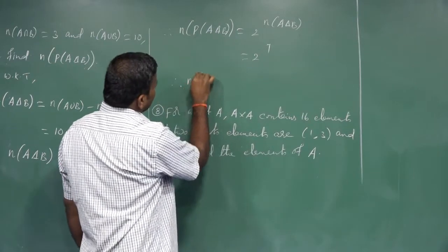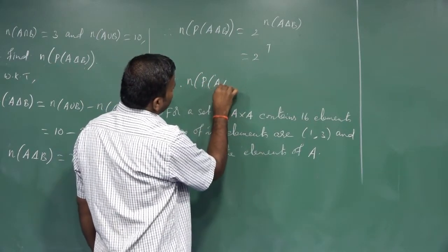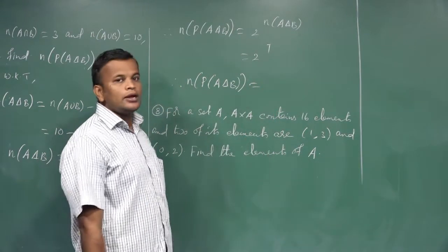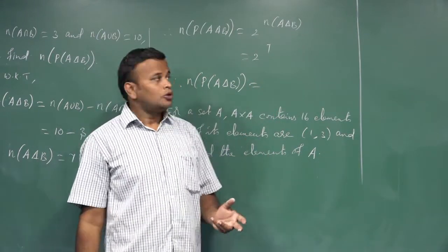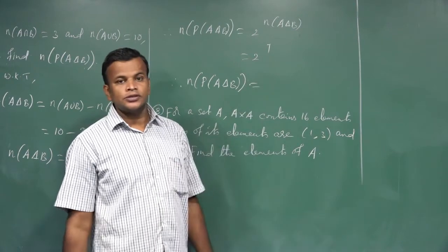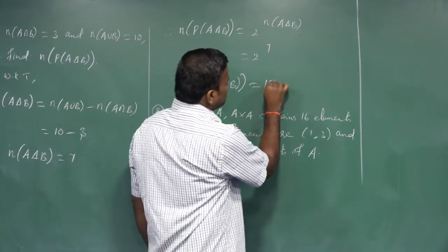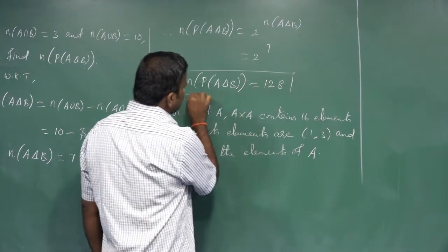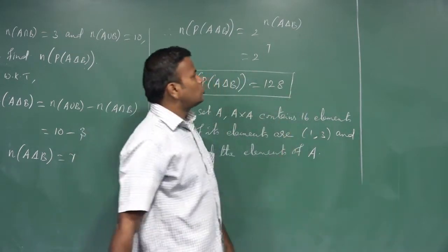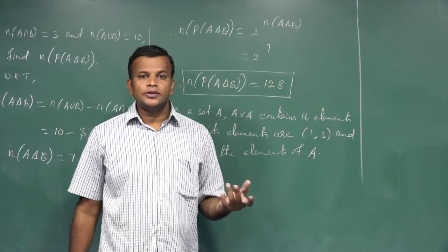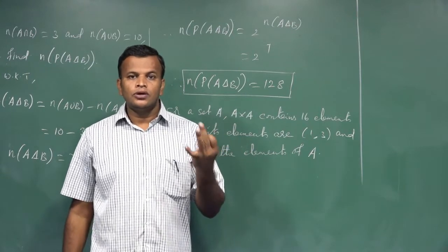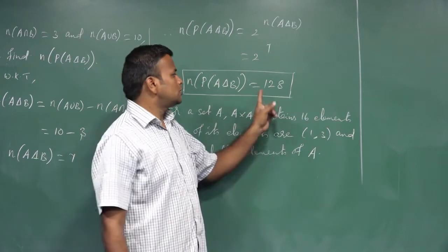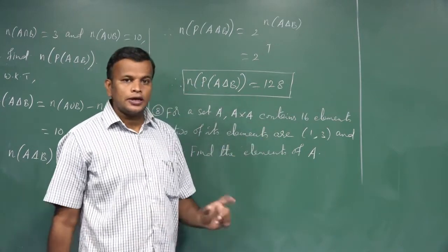Therefore, n of P of A delta B value is, what is the value of 2 power 7? We multiply 2 seven times. The value is 128. We check the value: 2, 4, 8, 16, 32, 64, 128. So the value is 128.